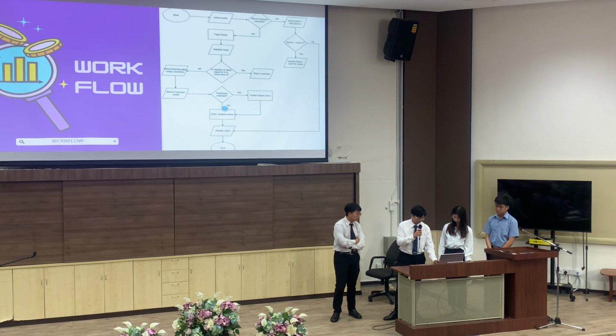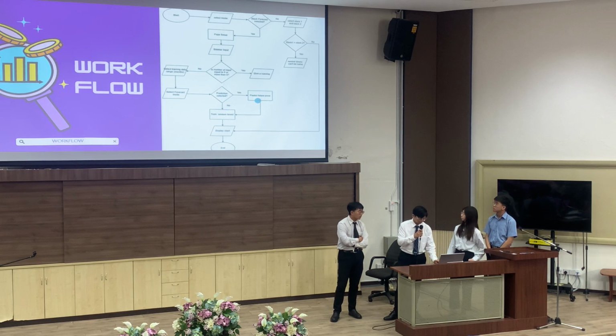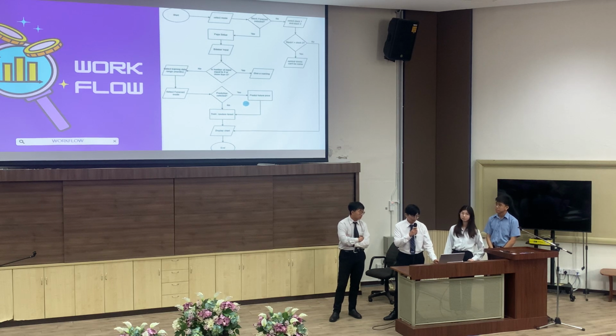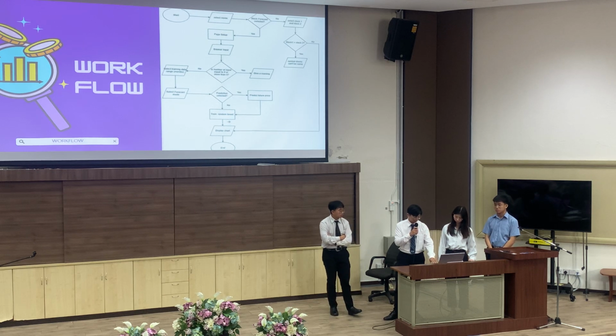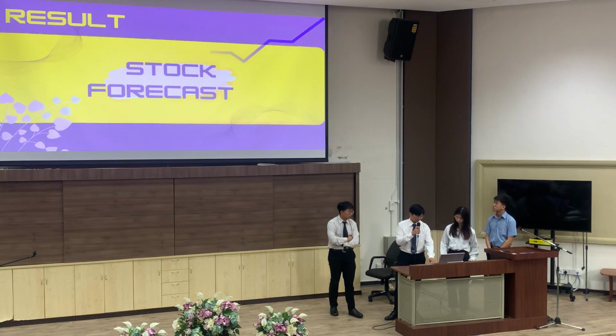Then the prediction is selected, which means we can choose whether we want to see the prediction or not, and we will display the chart. So now we will go to the result.